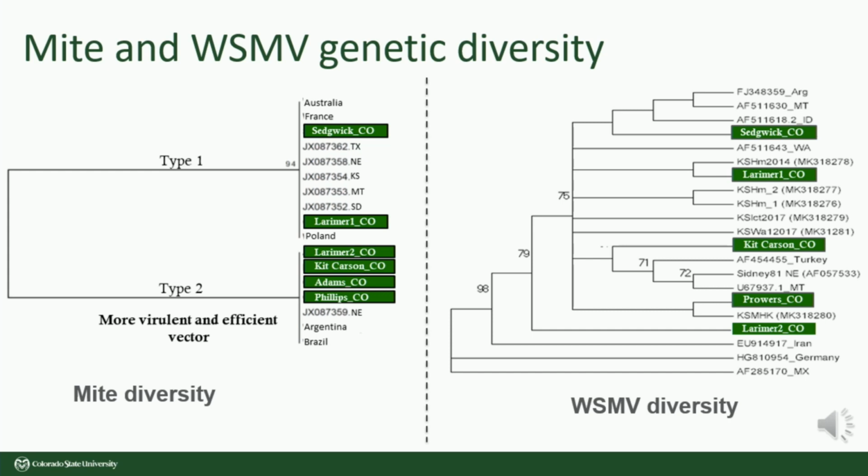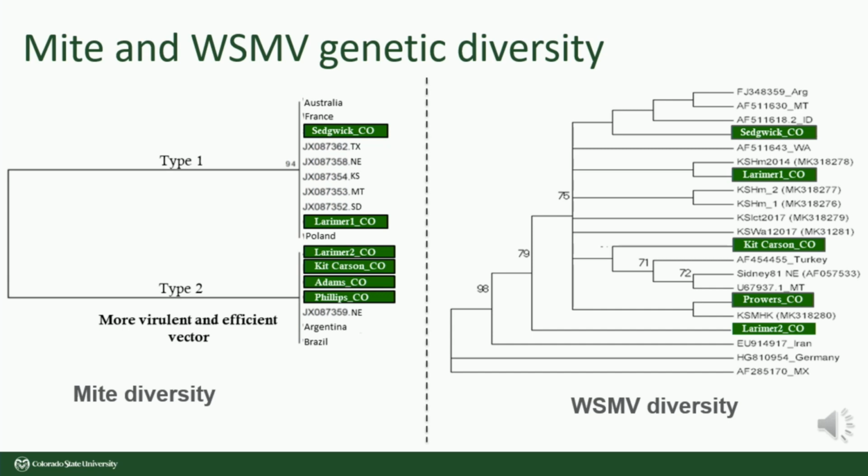If you look at the wheat streak mosaic virus diversity, you see several different isolates here in Colorado. And one thing that was interesting is this isolate that we collected from Larimer County was 100% similar to this isolate from Kansas that is thought to be potentially resistance breaking.